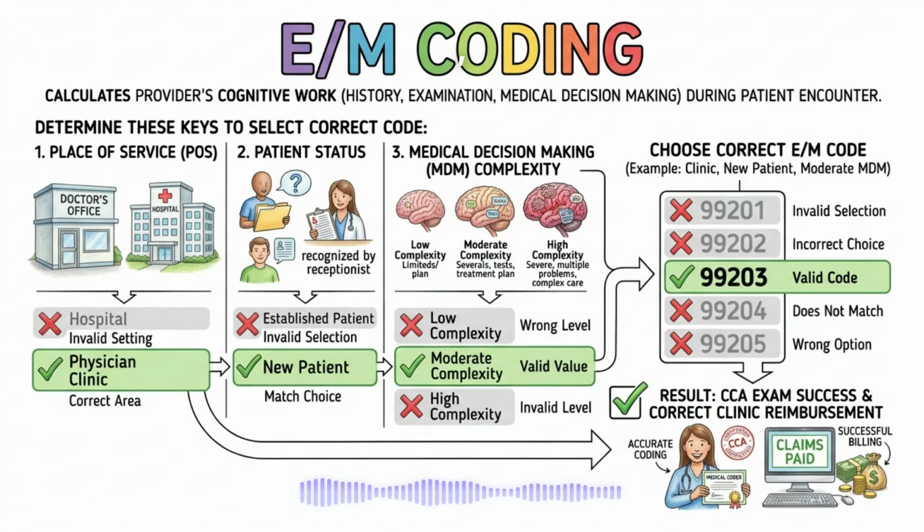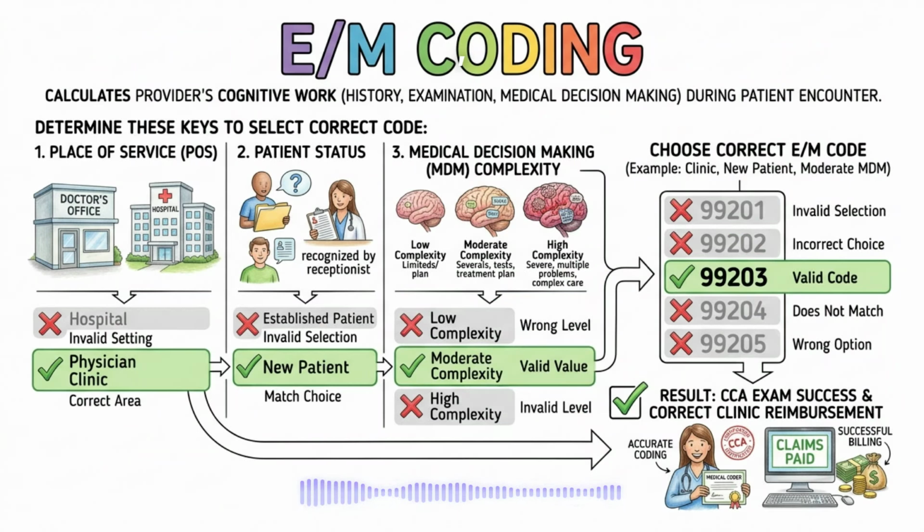One of the most frequently used areas of the manual is the evaluation and management section, commonly referred to as E&M coding. E&M codes represent the cognitive work a provider does when examining a patient, taking their medical history, and making medical decisions.